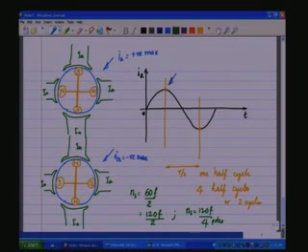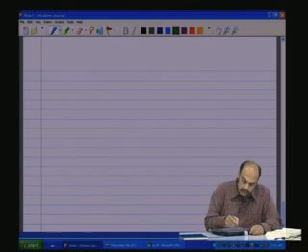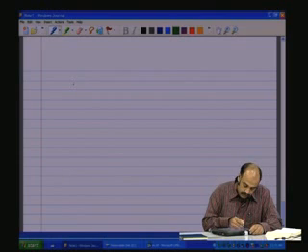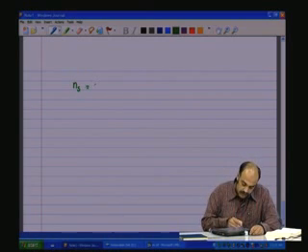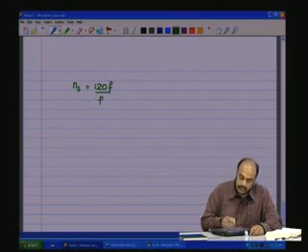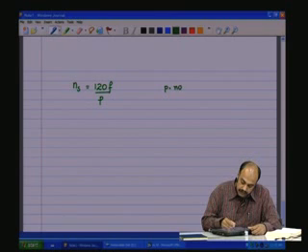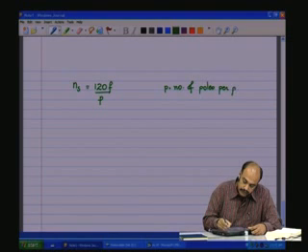So if you have P poles, it becomes 120 F by P. You see that it actually slows down the system if you have more number of poles. So the synchronous speed of the flux, Ns, is 120 F by P. Here P is number of poles per phase.